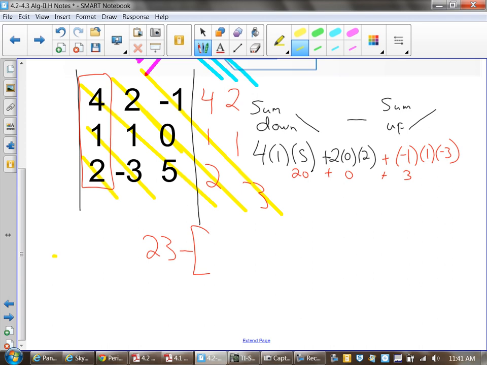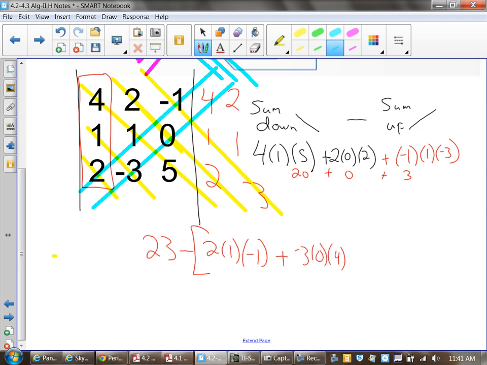Usually students will write this all out, and they'll subtract just one of the upward diagonals, and they're going to be wrong and cry. You won't cry, but you know. So if I'm going with my upward diagonals, I start with 2, 1, negative 1. To that I have to add negative 3, 0, and 4. And lastly, it's 5, 1, and 2.